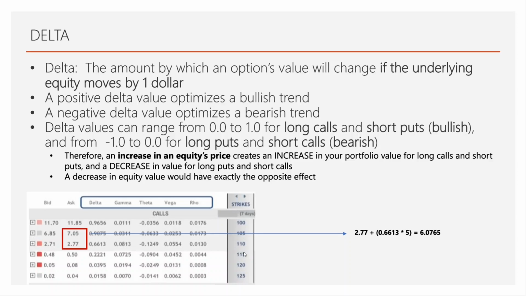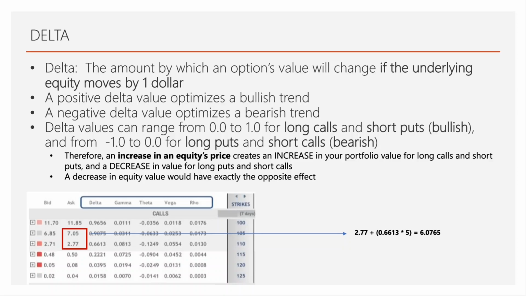So my $110 strike will come to the place of the $105 strike. So the value for the $110 strike will be $7.05. How is this $7.05? Why is this 2.75 and why is this 7.05? It is because for this $110 strike, the delta is 0.6613.